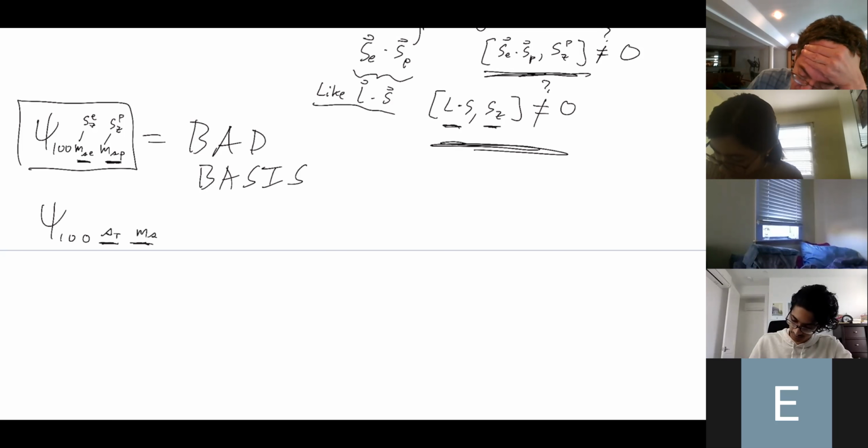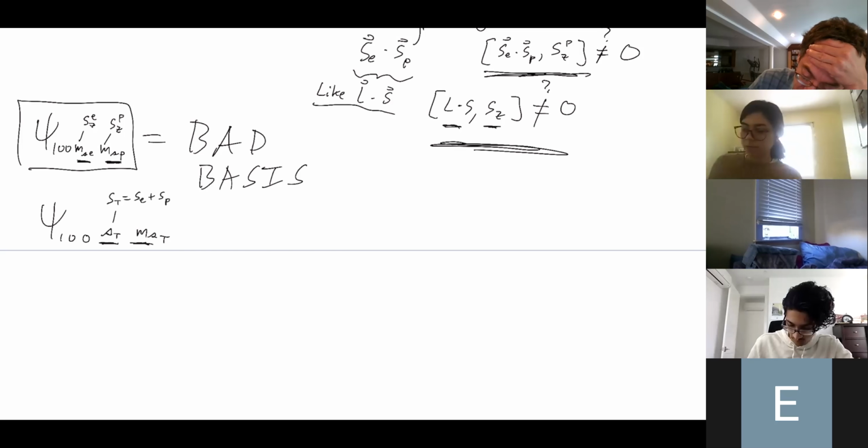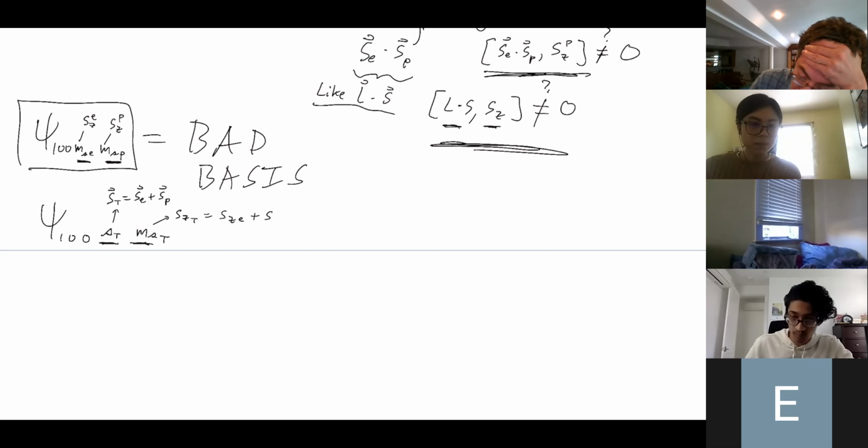M sub s total, where this is the eigenvalue of the operator S total equals S_E plus S_P. And this is the eigenvalue of the operator S_Z total equals S_ZE plus S_ZP.